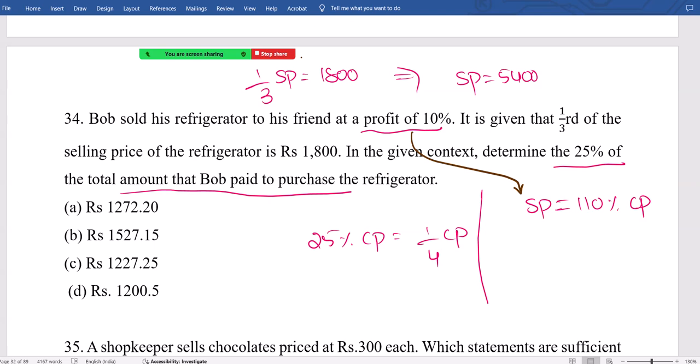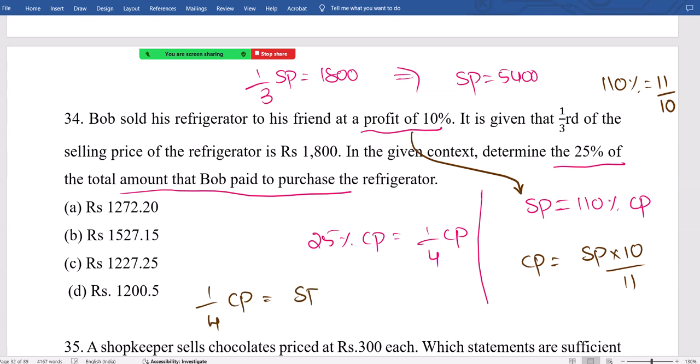Now cost price will be selling price divided by 110%. 110% means 110 divided by 100, which is nothing but 11 by 10. So SP divided by 11 by 10 means SP into 10 by 11. Now the question is 1 by 4th of cost price, which is SP into 10 by 44, or 5 divided by 22.